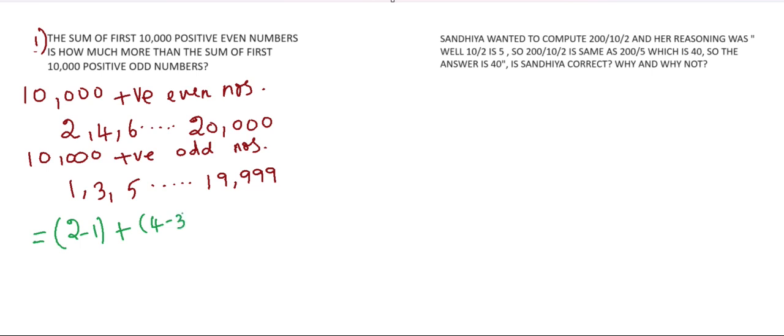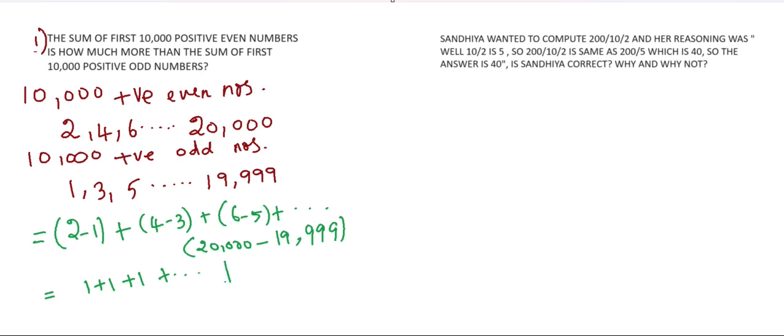Next I'm going to group 4 and 3. Next 6 and 5. Like this we are going to replicate till 20,000 minus 19,999. So you can see that the value of every pair is 1.